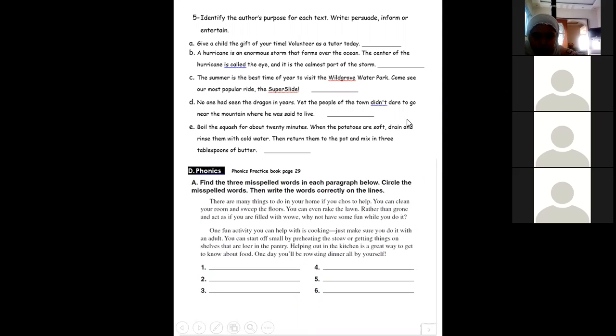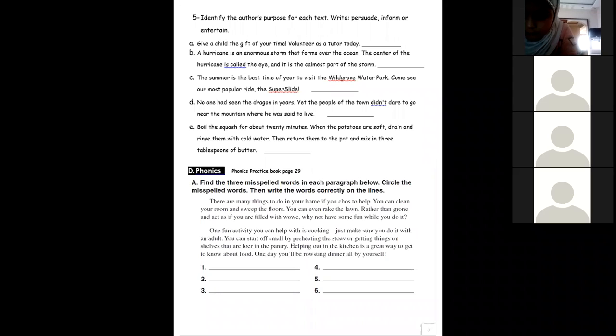Let's take a student who wants to participate. Rawad, can you do letter A? Let's see what's the author's purpose in letter A. Give a child the gift of your time. Volunteer as a tutor today. What's the author's purpose here?